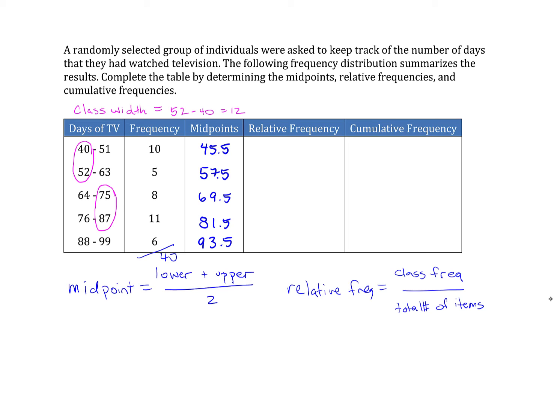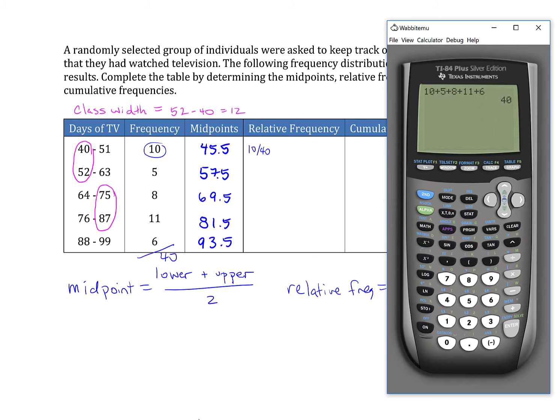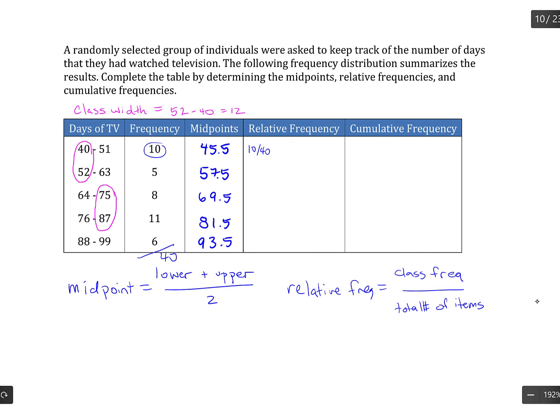My relative frequencies are just percentages. So 10 out of 40. I have a frequency of 10 divided by 40. That gives me the first relative frequency, which should be 25%. 10 divided by 40 is 25%. You can write these as percentages or as decimals. Just follow what you're asked in the homework.